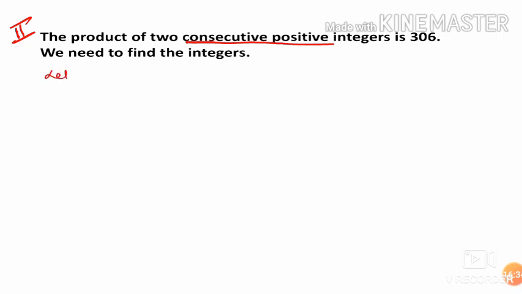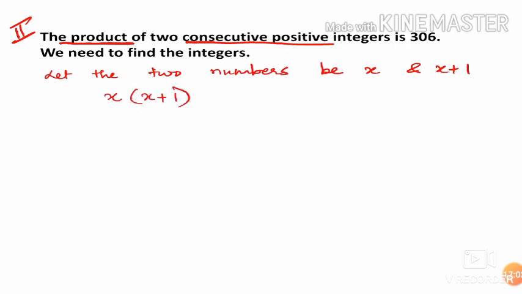So let the two numbers be x and x plus 1. Now let's read the other part of this sentence, the product of these two numbers. So product is written as x into x plus 1 is 306. So there is the equation that we need, but it is not in the standard form.